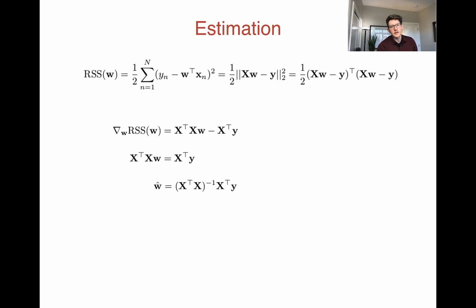There are some practical considerations with this solution. In particular, with regards to this matrix, often it is not practical to do that computation. Often it's slow, and often this matrix here can be singular or close to singular, and there can be numerical issues when it's close to being singular.